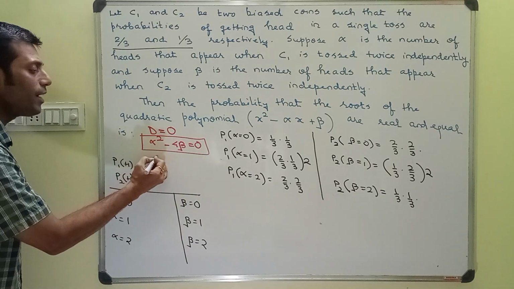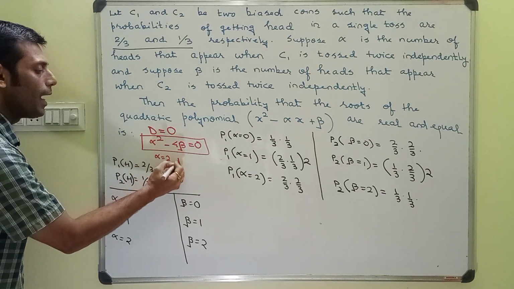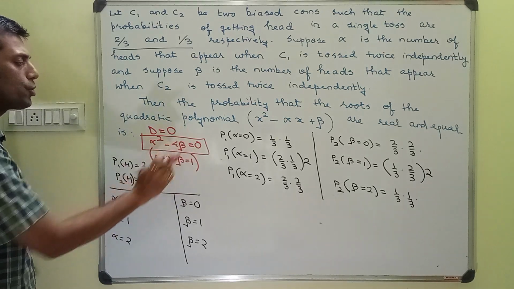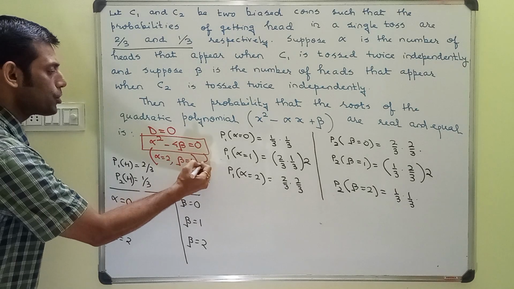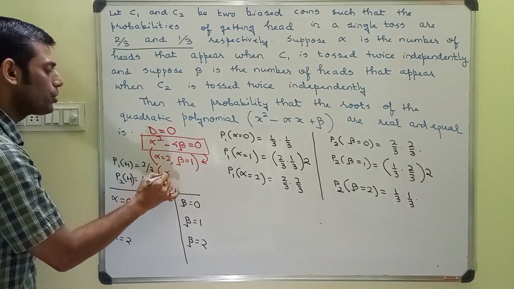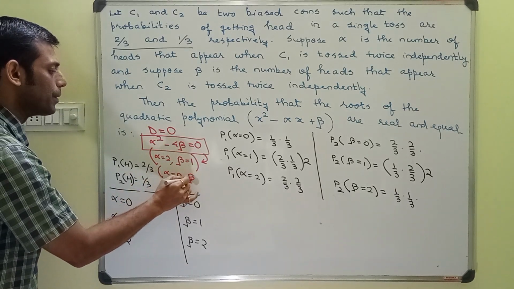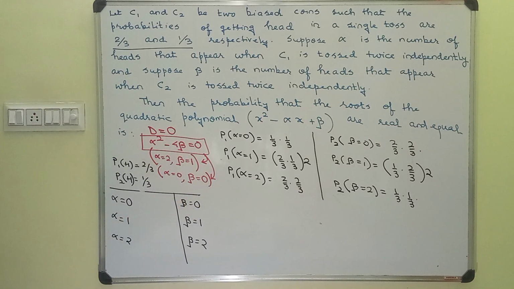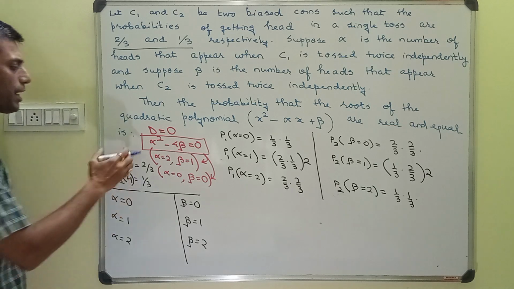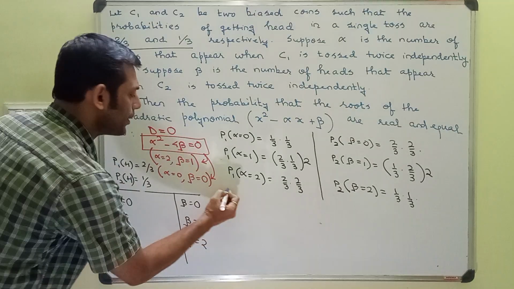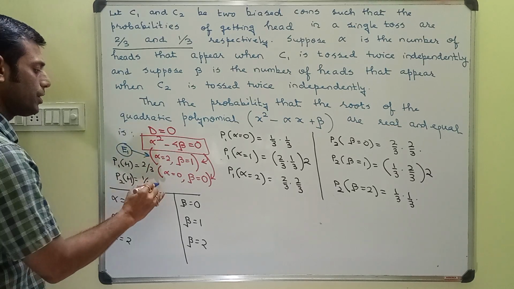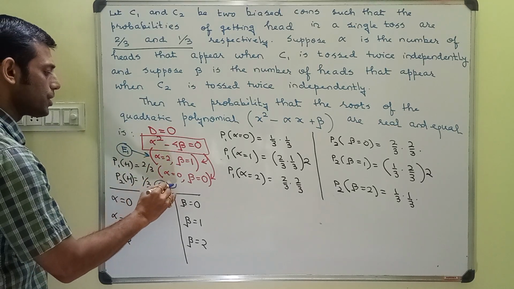Either when alpha is equal to 2 and beta is equal to 1. This is one possibility. 4 minus 4 leads to 0. This is a possible solution. Or else both are 0, alpha 0 and beta 0. This is also an acceptable solution of this particular requirement. Let's say this is event E1 and this is event E2.